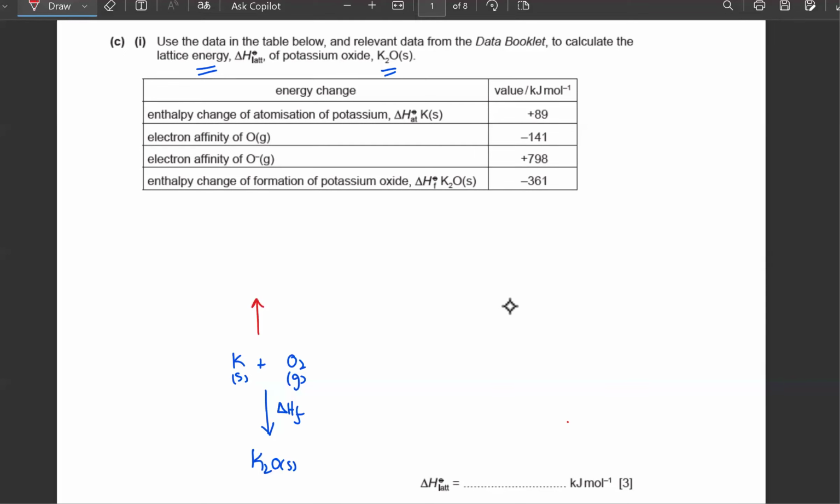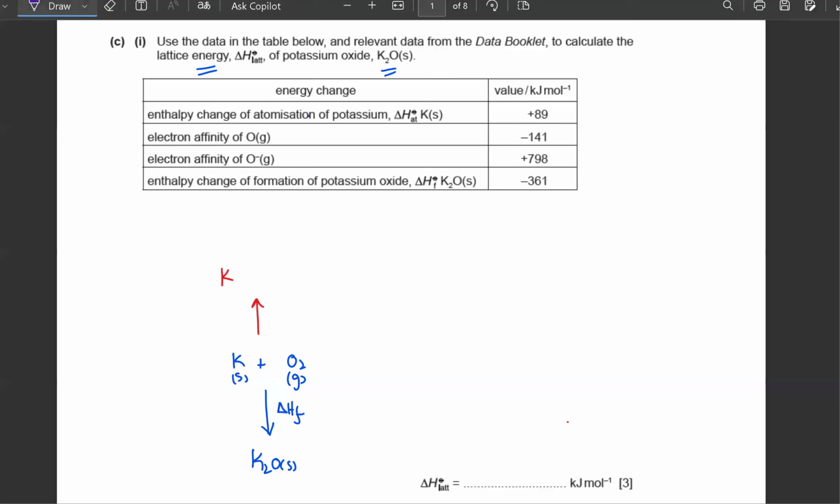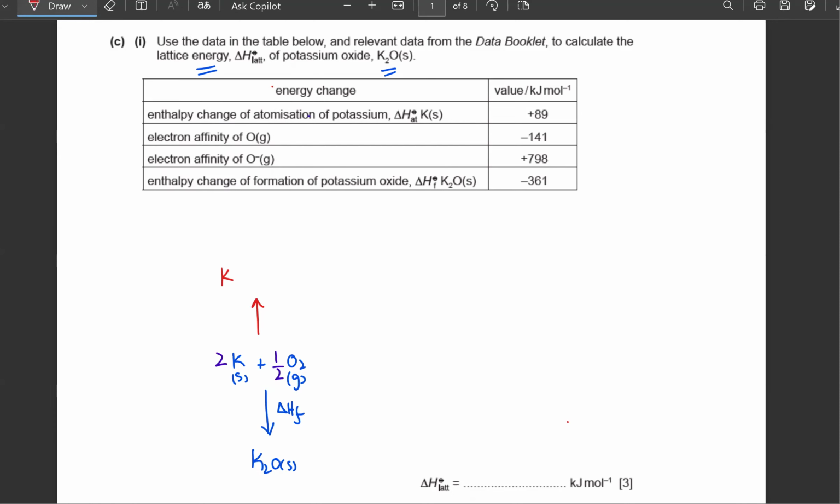You're going to atomize. Remember, it has to be balanced. There's going to be 2 potassiums and half O2. So 2 potassiums and half O2 gas molecules. You have to be very careful with the moles. Potassium has to be atomized and oxygen has to be atomized, and I'm going to do it in one step.